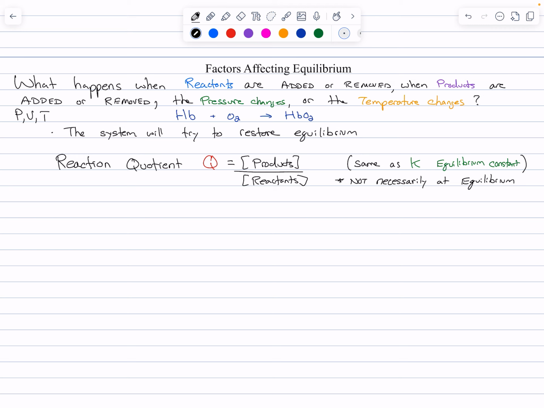And what this does is it predicts how a reaction will change or shift, how it's going to move.